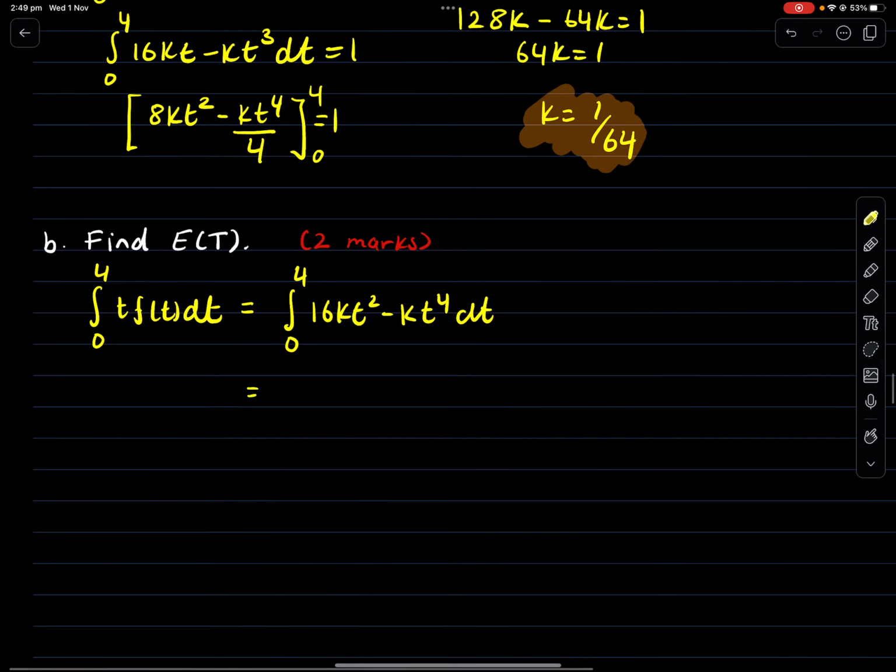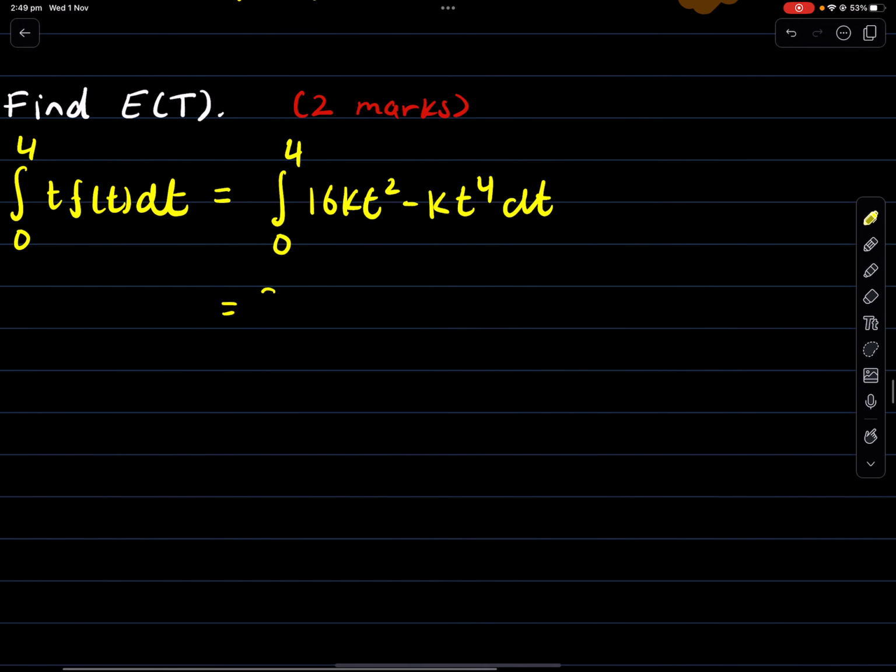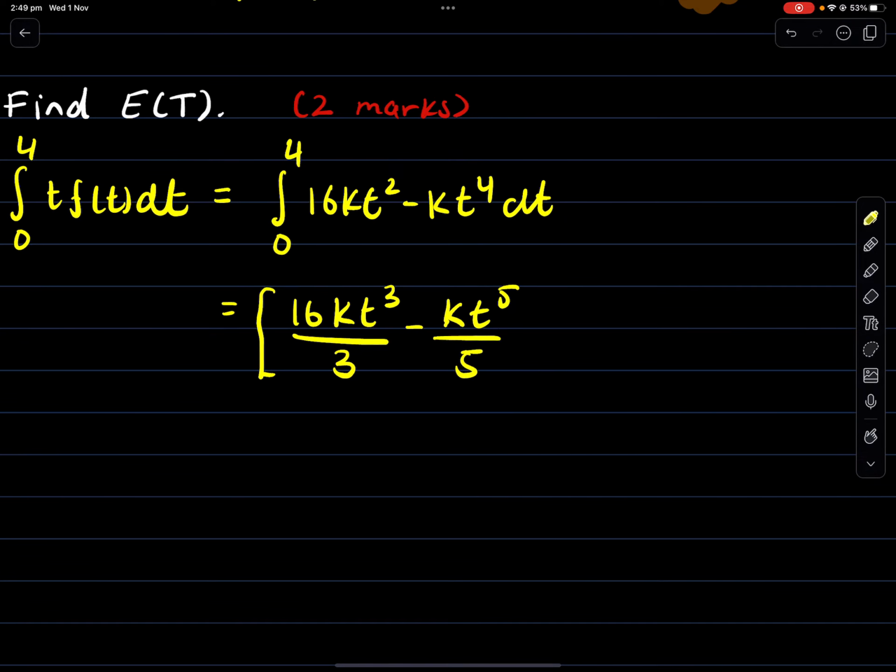Okay, so let's do that. That will be 16k t to the power 3 over 3 minus k t to the power 5 over 5. I want to be careful because the algebra here is quite big.